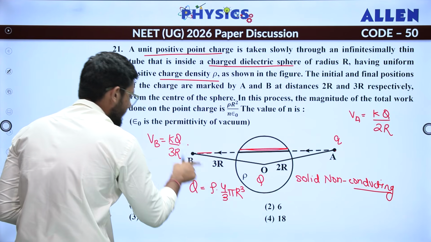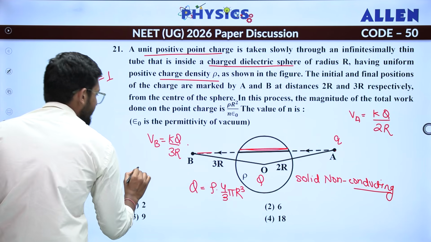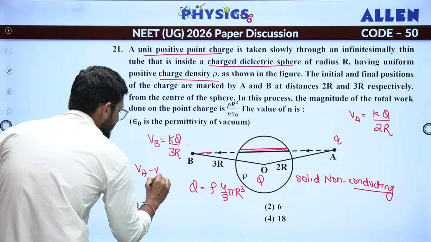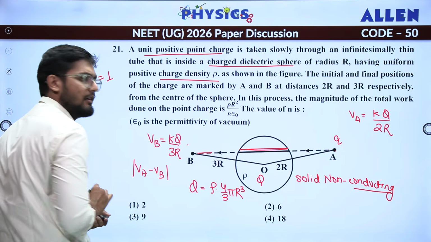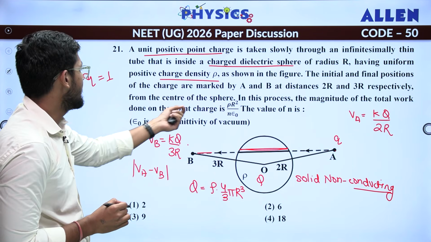So when you use this in this formula, you take the difference of VA minus VB. You can take the mod of it, because you just need to write down the magnitude.